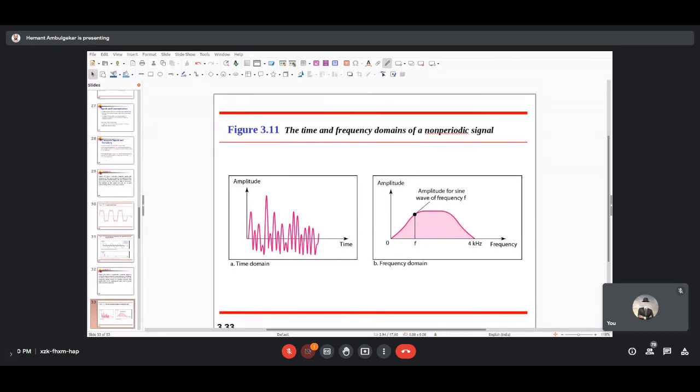In figure A, we have represented the composite signal, which is non-periodic, using a time domain plot.